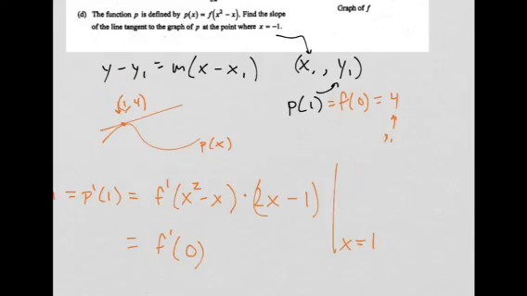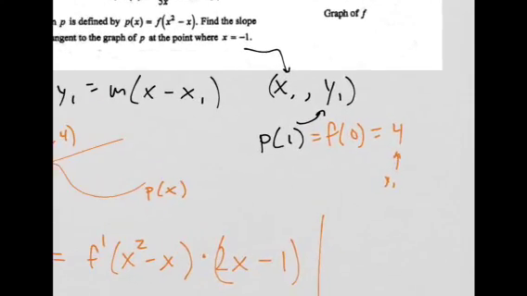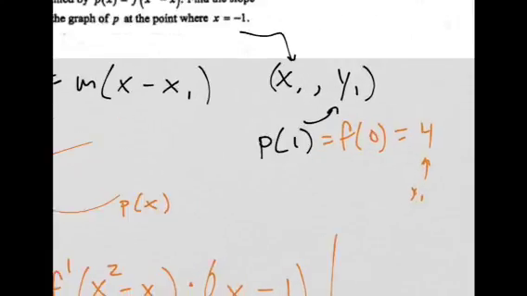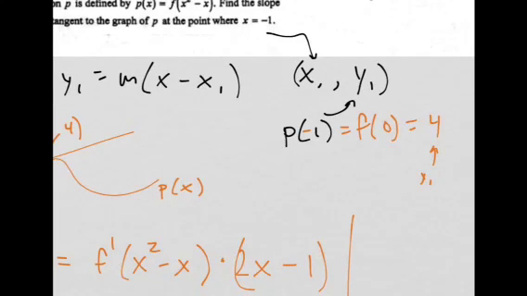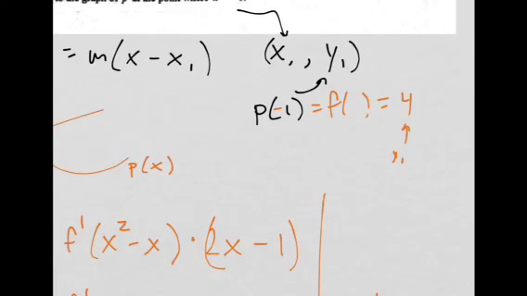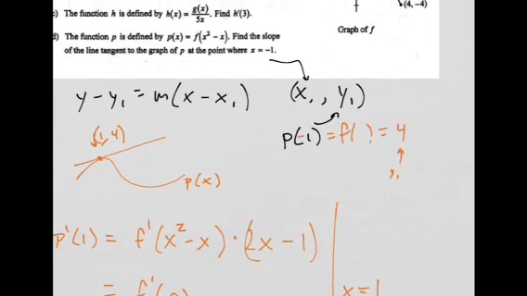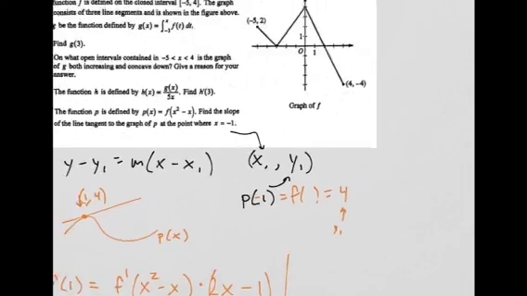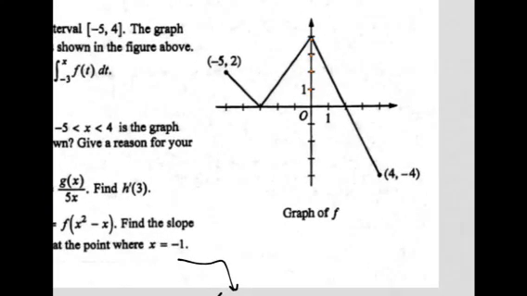Uh-oh. I should have been plugging in -1 the whole time. I plugged in 1. So it should be -1. That changes things. So let's see where I change it. So p of -1, what would that be? It would be f of -1, and f of -1 is back 1 and then up 3.